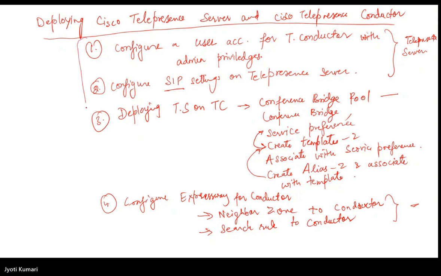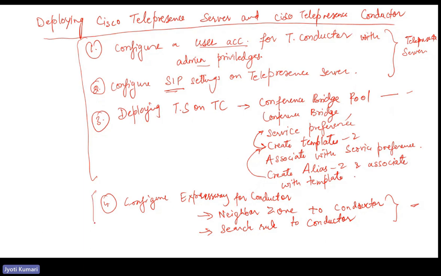The rest of this you need to know are the prerequisites for the telepresence conductor to work and manage the telepresence servers. So these are the configurations. You need a user account with admin privileges. You need SIP settings to be configured on the telepresence server. Deploy the telepresence server on the telepresence conductor using bridge pool, bridge, conference bridge, service preference, templates, associate the templates with service preference, and create aliases and associate them with the templates.